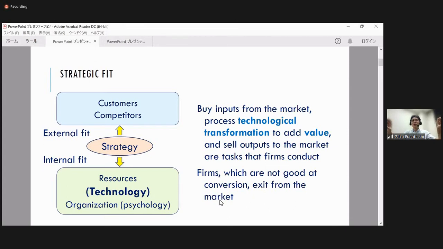Ordinary people cannot transform from this money to this money, because banks use the technology they have and also the processes they have to transform from input money to output money. So again, technology is not only for the manufacturing sector, but for any kind of industry.